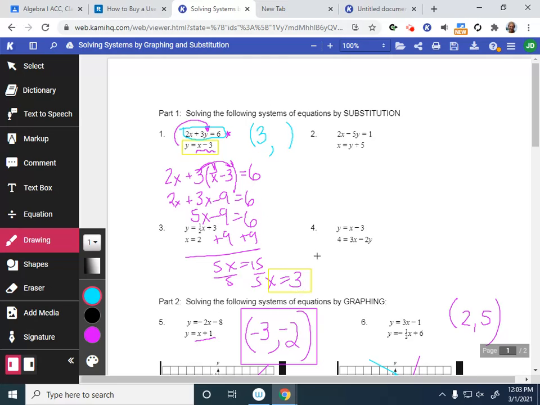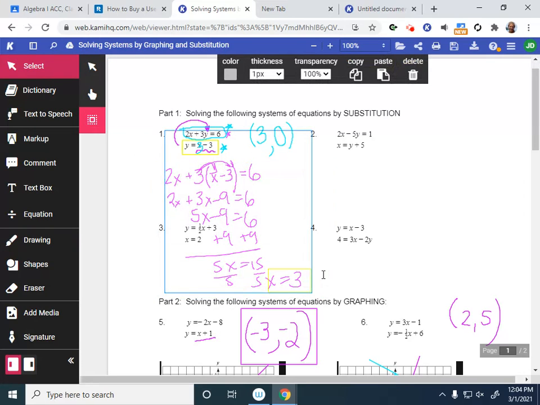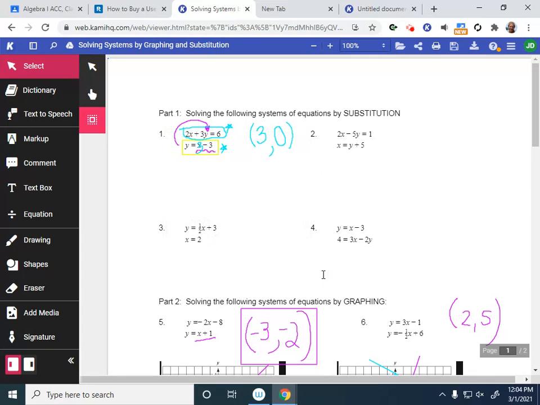And I'm going to take this 3 and plug it back into either the first equation or the second. It's going to be easiest to plug it back into the second equation because it's just y equals x minus 3. Put the 3 in for x. 3 minus 3 is 0. That's what y is. That is my solution. So all of that work gets me the same thing as if I would have graphed the two equations and found where they intersect.